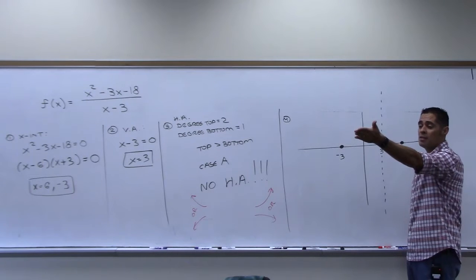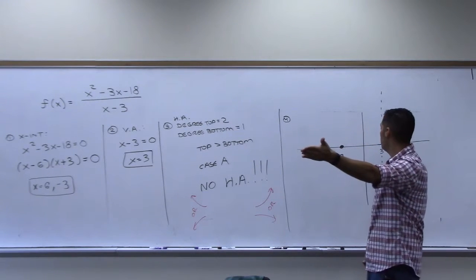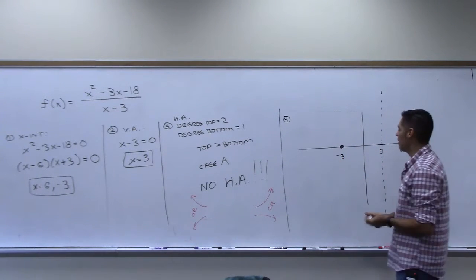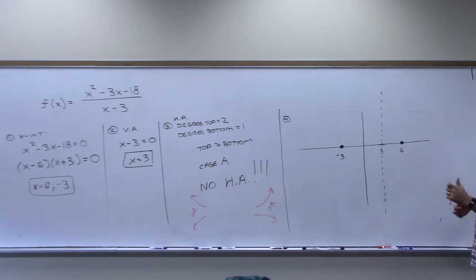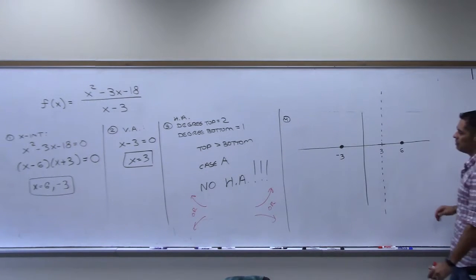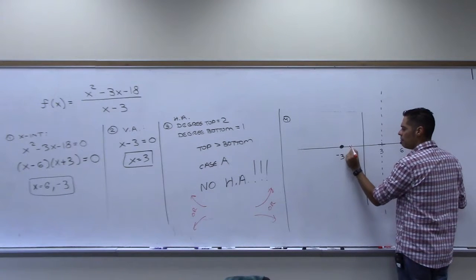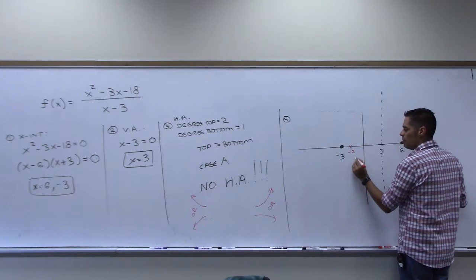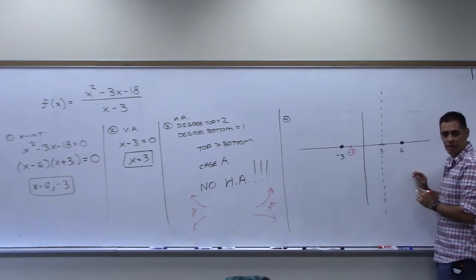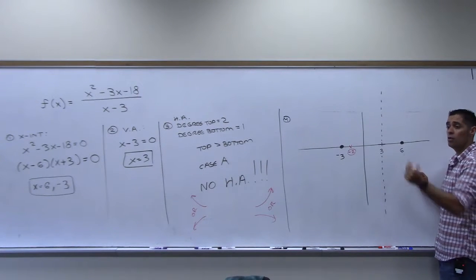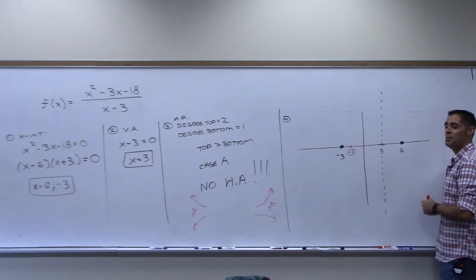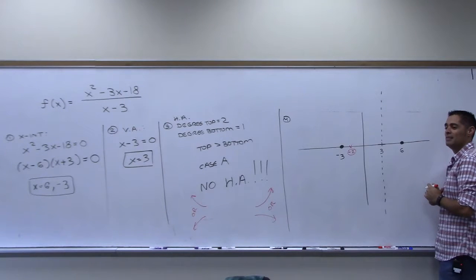We're gonna move around tables again. Could you give me a test point? -2. Okay, -2 would be somewhere about here. Everyone agree that that would be okay? Yes? Good. Give me something else. -4.